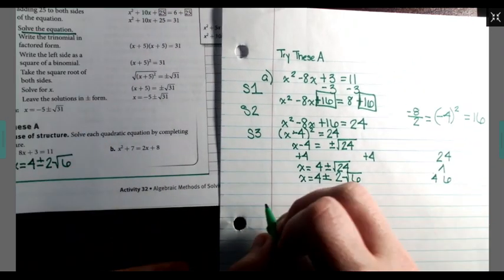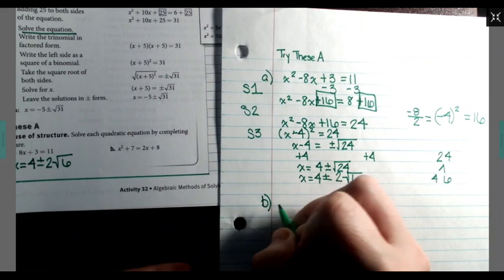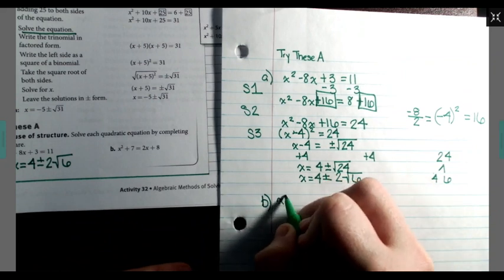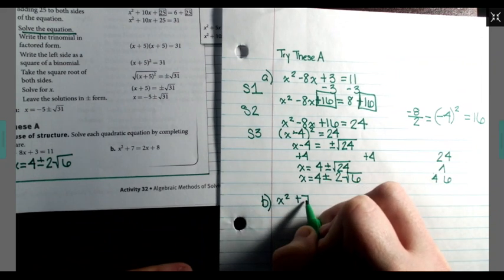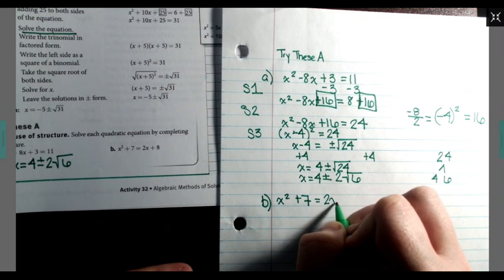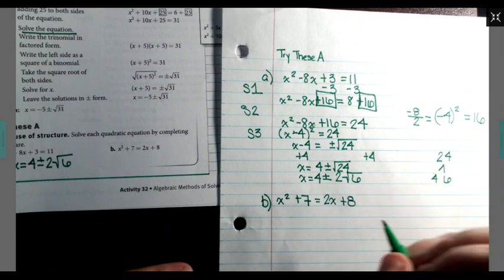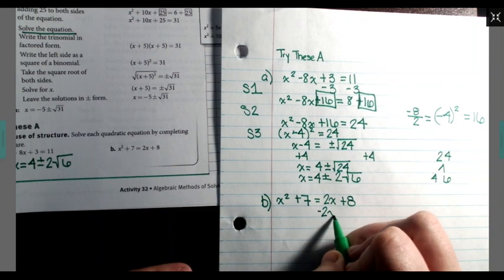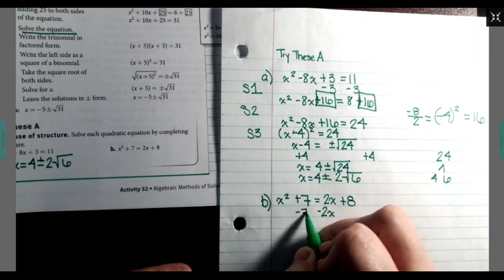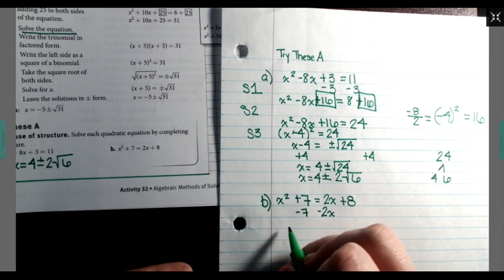Let's take a look at B. B is x squared plus 7 equals 2x plus 8. So I'm going to subtract 2x from both sides, and I'm going to subtract 7 from both sides.